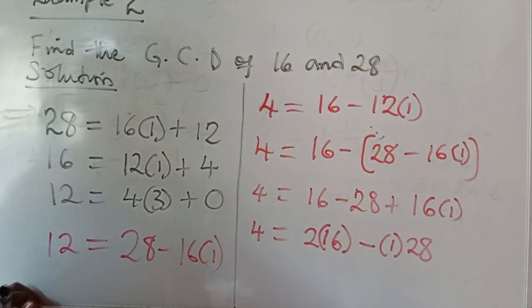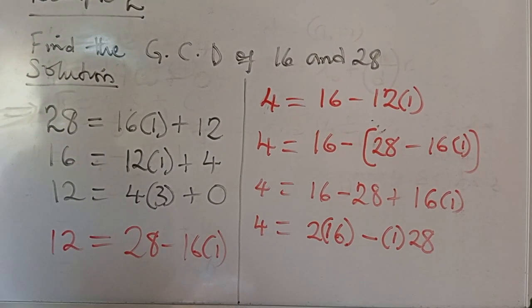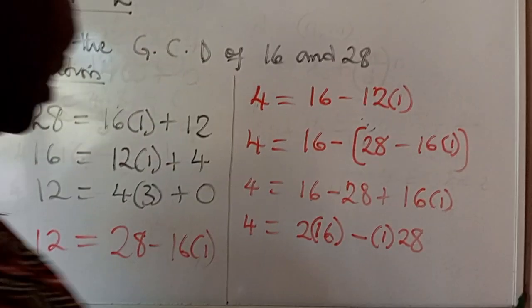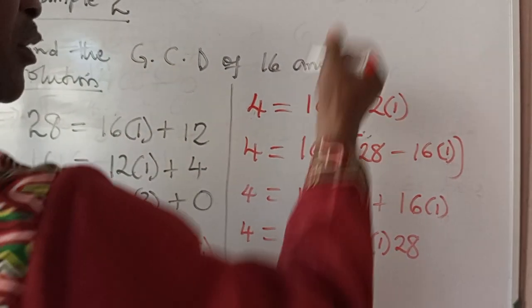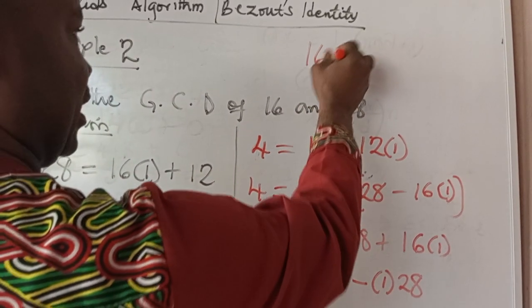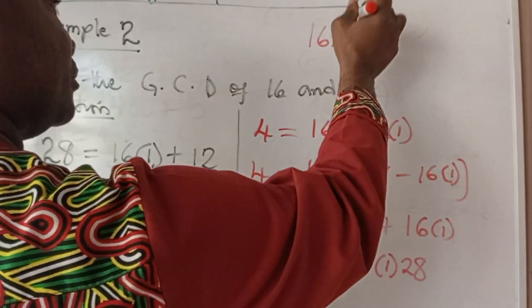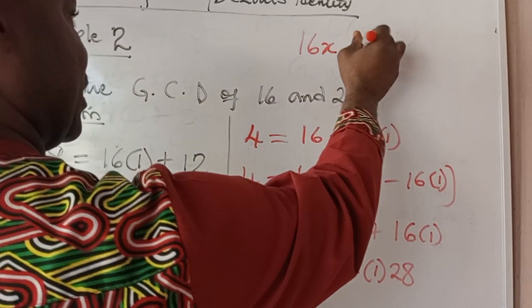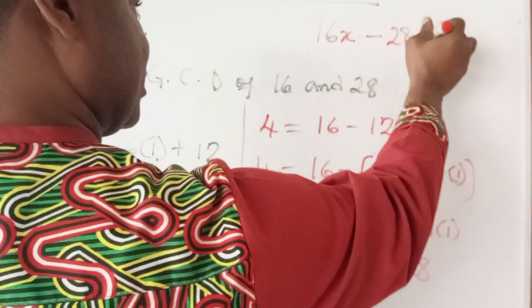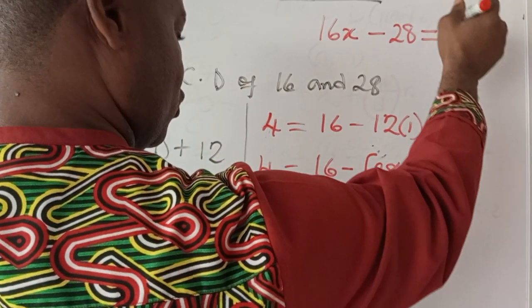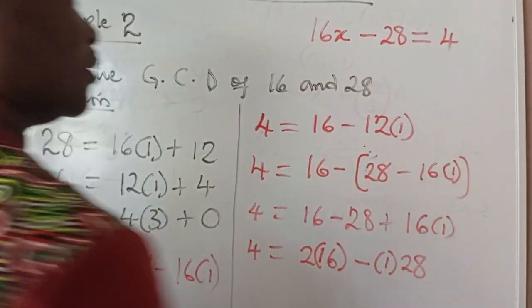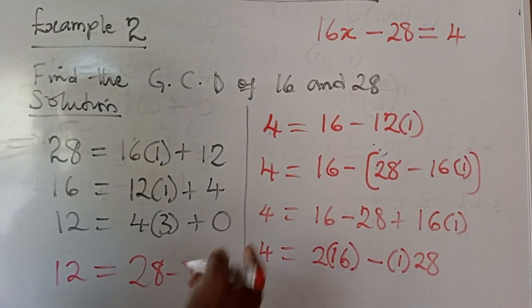So in this solution, supposing we had a problem, let me say for instance, we're given a problem like 16x minus 28y is equal to 4, and we are asked to solve this.